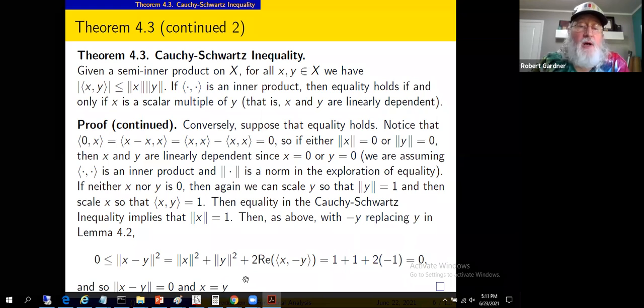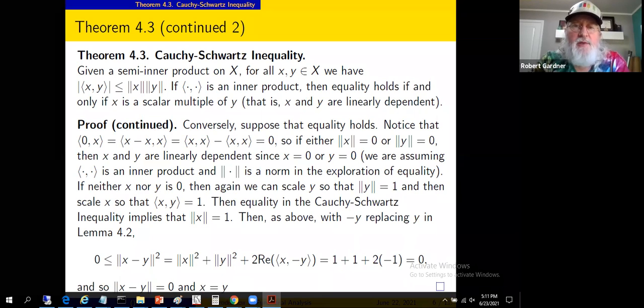And if the norm of x minus y equals 0, then x equals y. If we had a semi-norm, we couldn't take this last step and draw the conclusion that y equals x. That's the reason the added hypotheses of inner product instead of semi-inner product were introduced in this equality conversation. Right there is where the semi-norm would break down. But norm allows us to draw that conclusion.